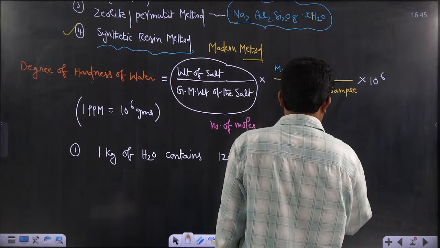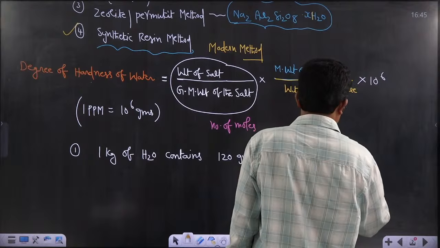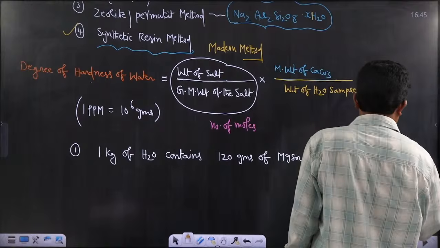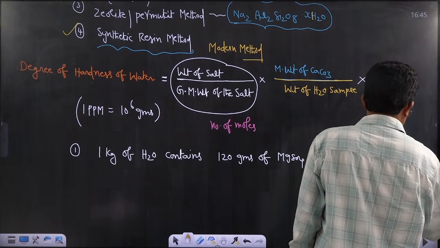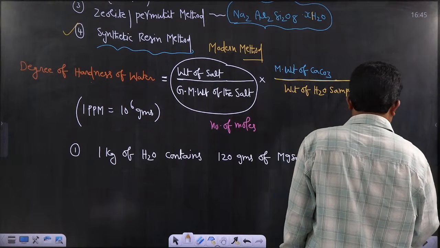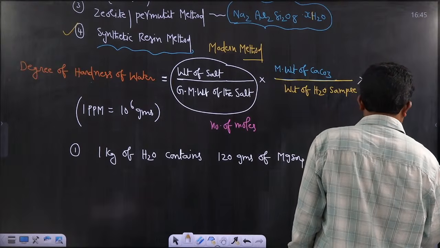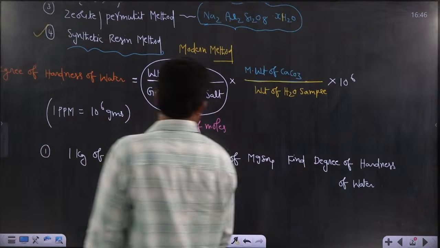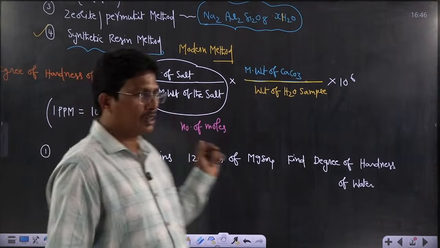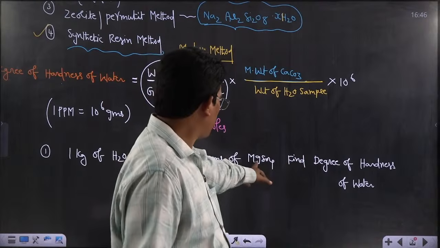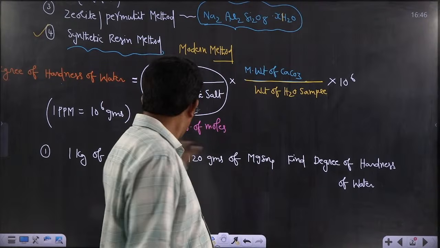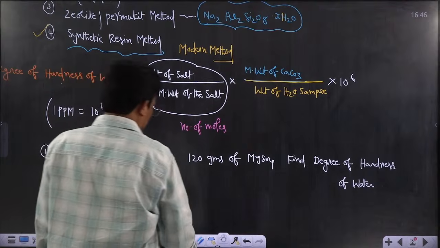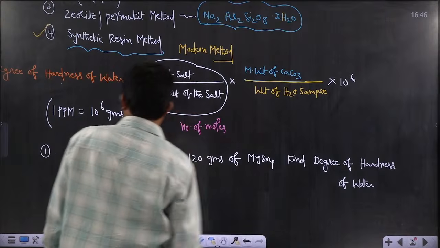Find the degree of hardness of water. Here the salt that is causing hardness is magnesium sulfate. This magnesium sulfate in water causes hardness. Find the number of moles of magnesium sulfate.